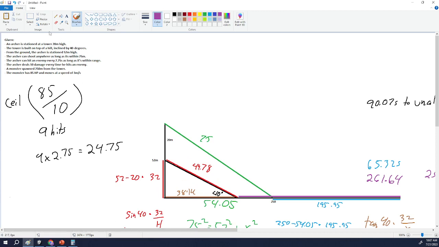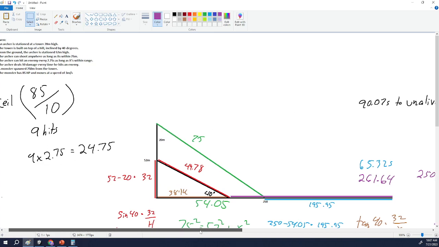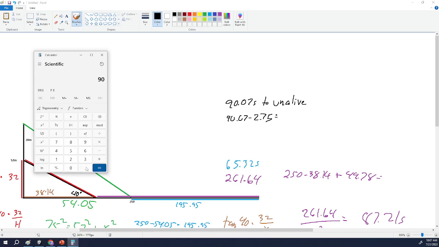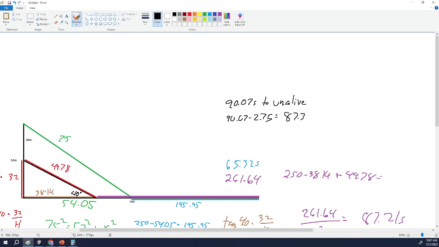We could actually decrease another 2.75 from our answer. Kasi he shot right away. So instead of 90.07, it would be 90.07 minus 2.75. 87.32 seconds. That is the second answer.